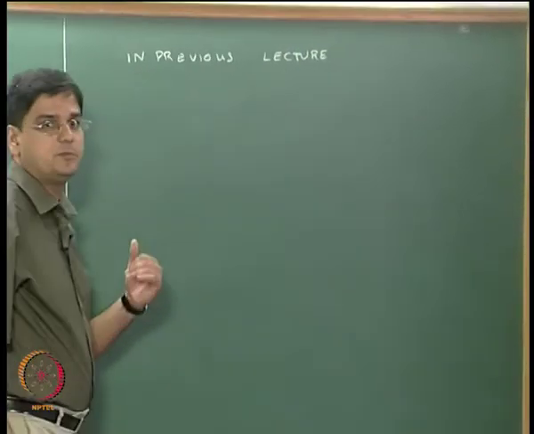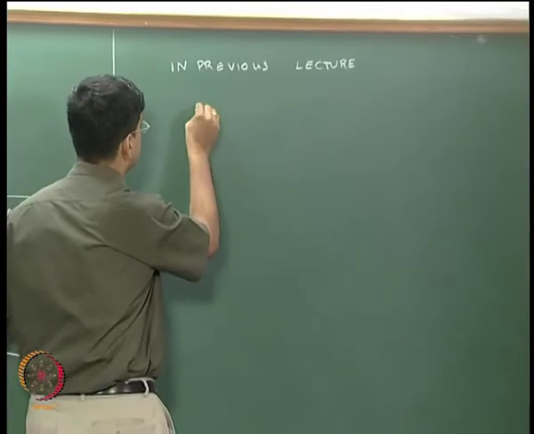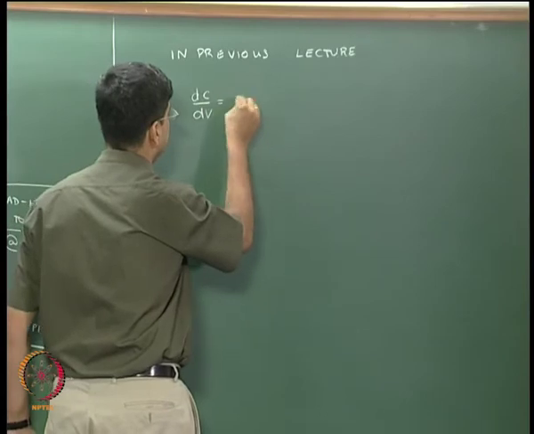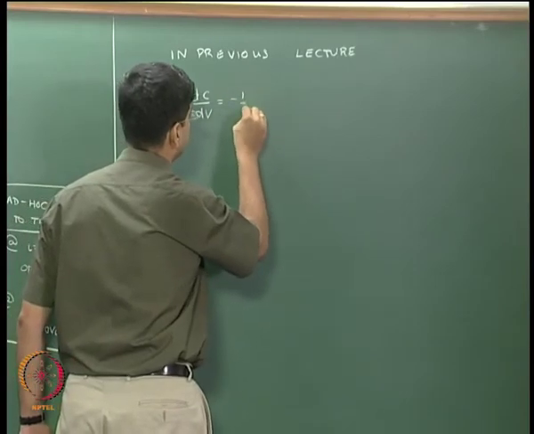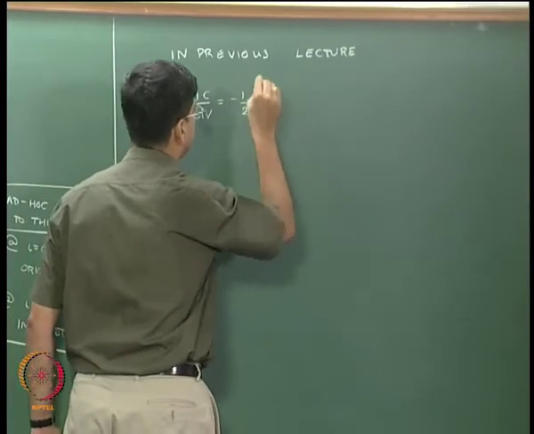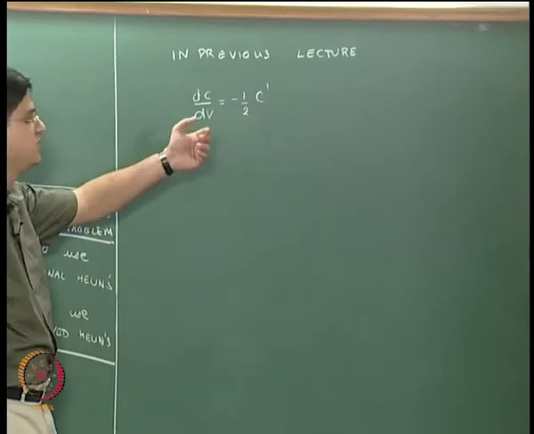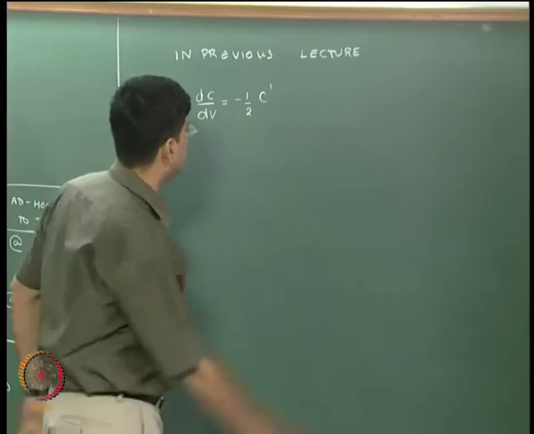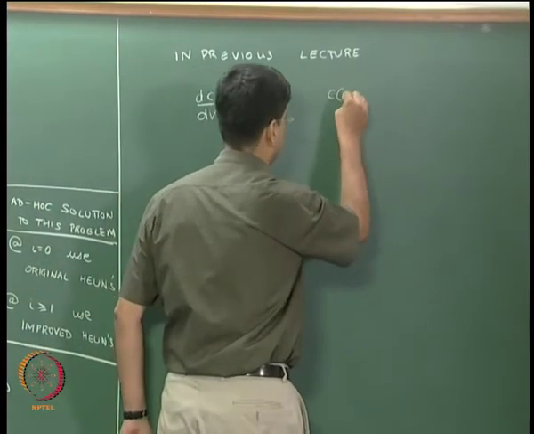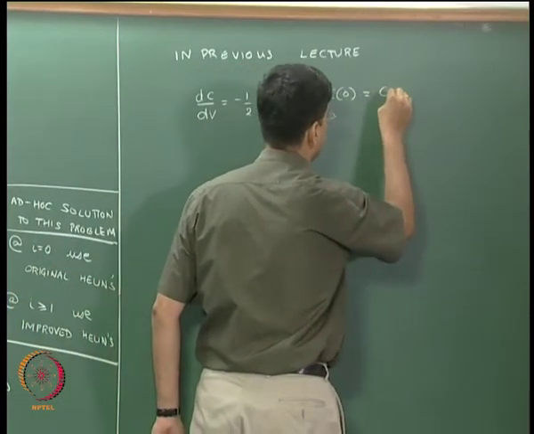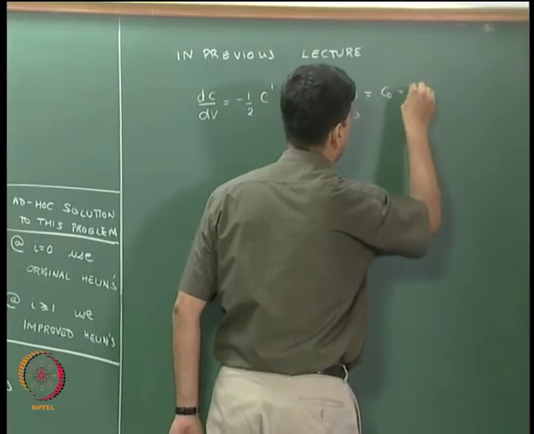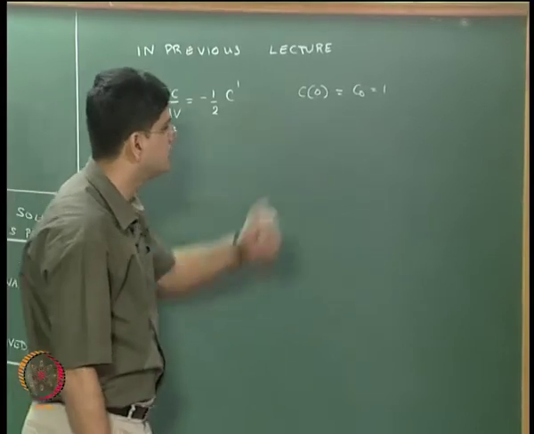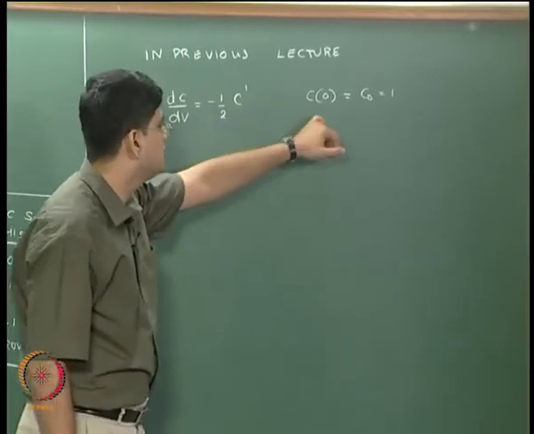we changed our PFR equation to a first order equation of the form dC by dV equal to minus 1 by 2 C to the power 1. Instead of 1.25, we changed it to C to the power 1. Again starting with C at 0 equal to C0 equal to 1 unit, moles per liter, moles per meter cube, whatever the appropriate unit might be, we started at that.